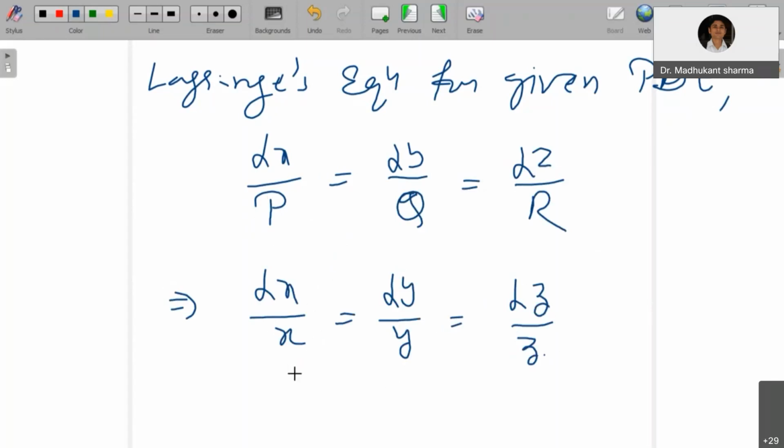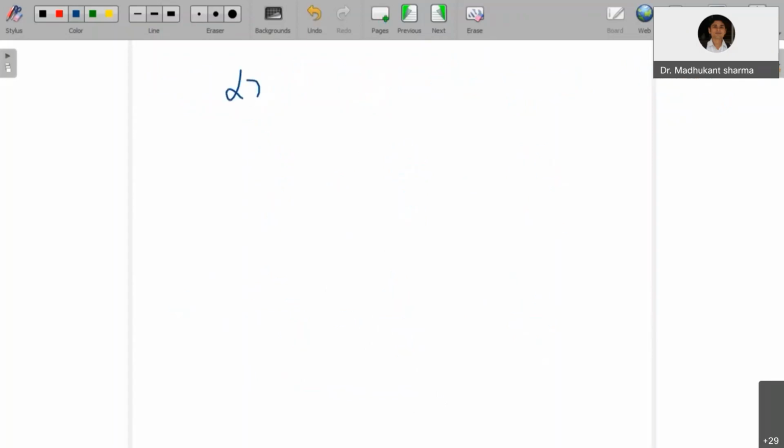Now you take any two, as you are trying to obtain the solution, two families of solutions. You may obtain three. So if I take the first two pairs, dx by X is equal to dy by Y, you can use the variable separable method.